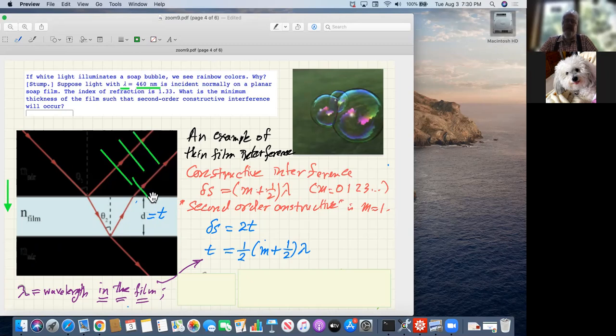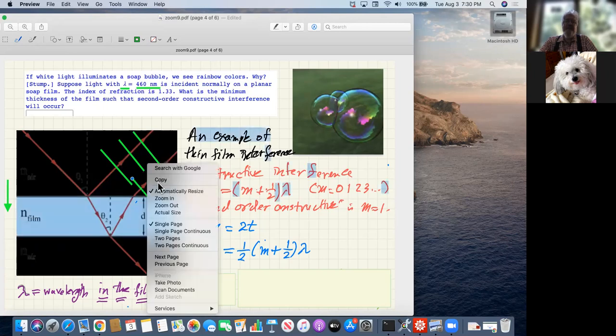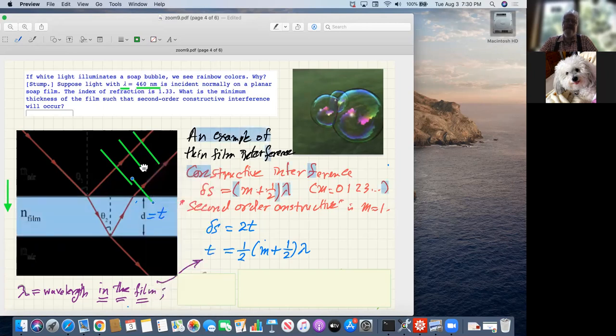Well, these waves, depending on the angle, will overlap. And if they overlap in just the right way, you may have constructive interference or destructive interference. Now, this picture is more general than the problem we're going to do. The problem we're going to do is light incident normally.